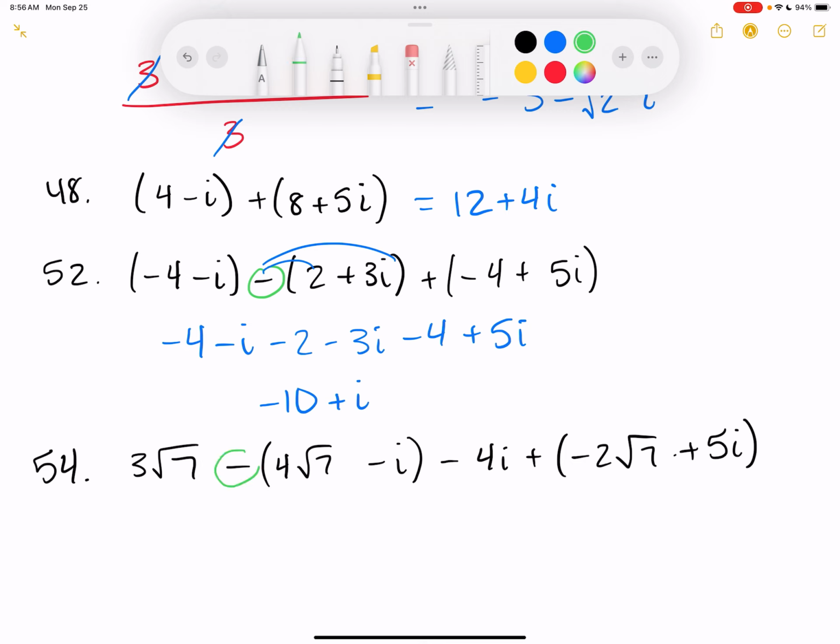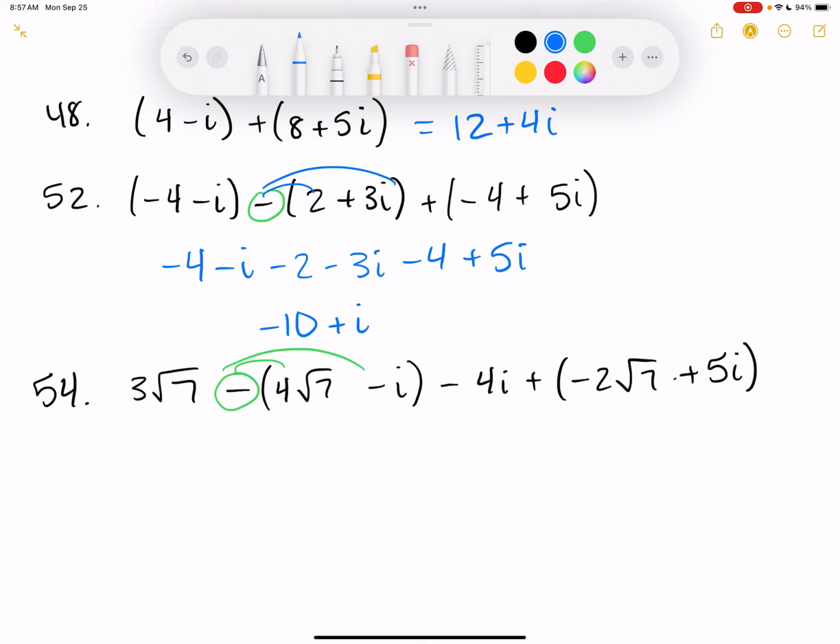So again, with this negative in front of the parentheses, I would distribute it through and rewrite everything, and then combine like terms, just so that, especially with the radicals in there, that's kind of like another added thing where people get confused. Remember, when we are adding like terms, they have to have the same radical on them, so all the square root of 7s can get added together.